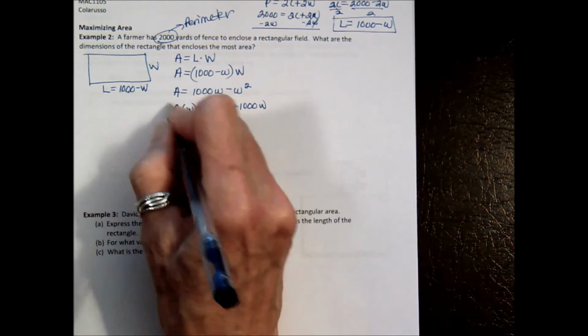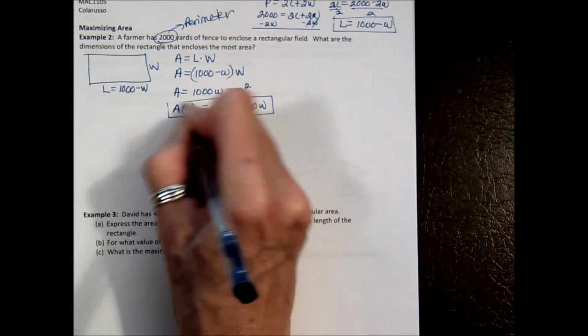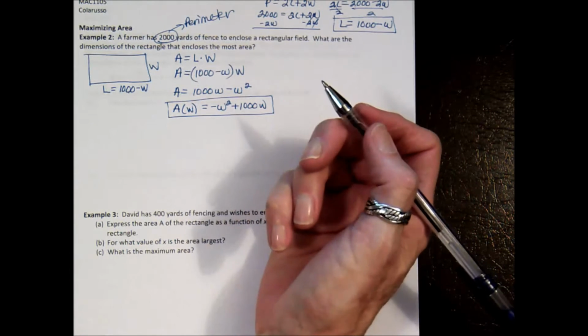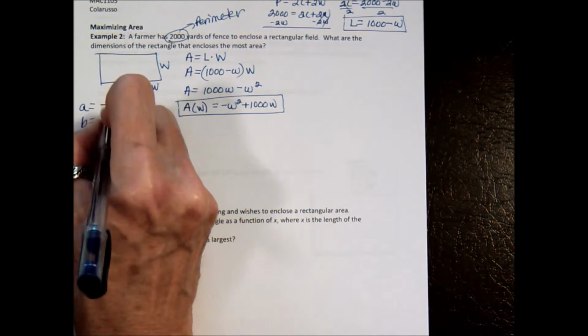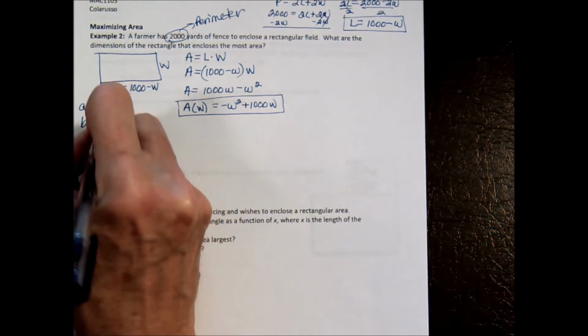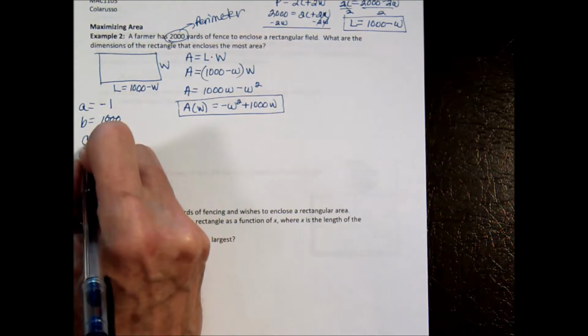So that's the first thing that I know. Now, from there, I can write my A, my B, and my C. My A is negative 1, my B is 1,000, and my C is 0.